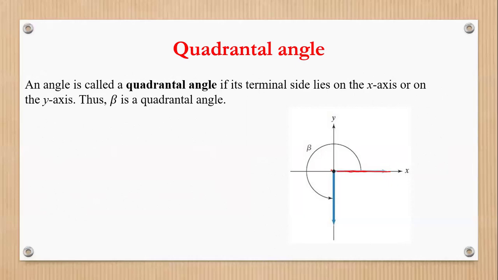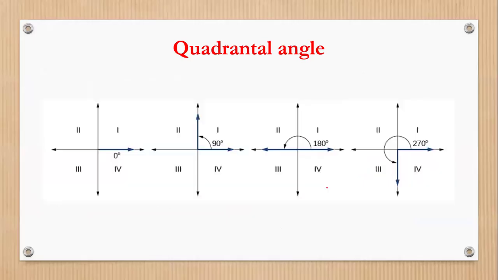In a quadrantal angle, the terminal side is always along the y-axis or the x-axis, like this angle. Or if the terminal side is here, we have this angle. And you can see all different forms of the quadrantal angles.